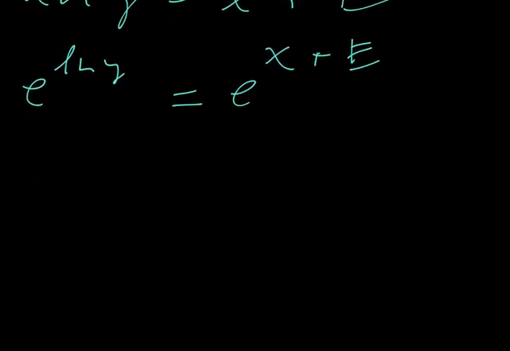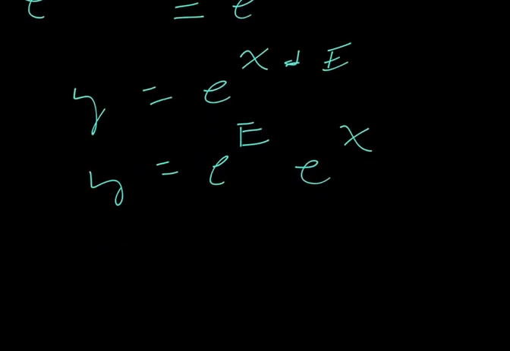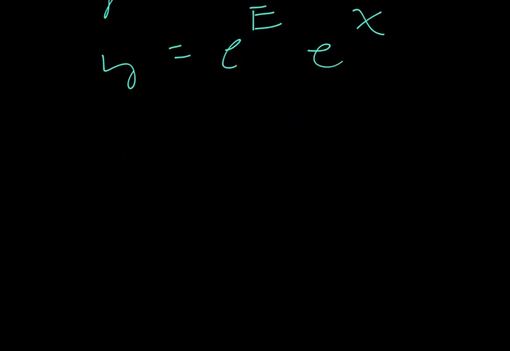And then once we simplify that down, we'll get y is equal to e to the x plus e, or y is equal to e to the e times e to the x, if we remember our algebra rules with exponents. And now again, e to the e is just a constant, because it's just a constant raised to a constant power. So then what we're going to have is y is equal to, I'll call this a, times e to the x.